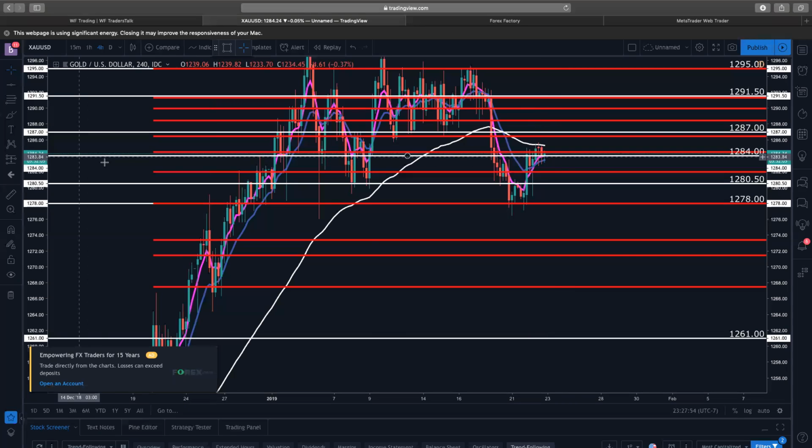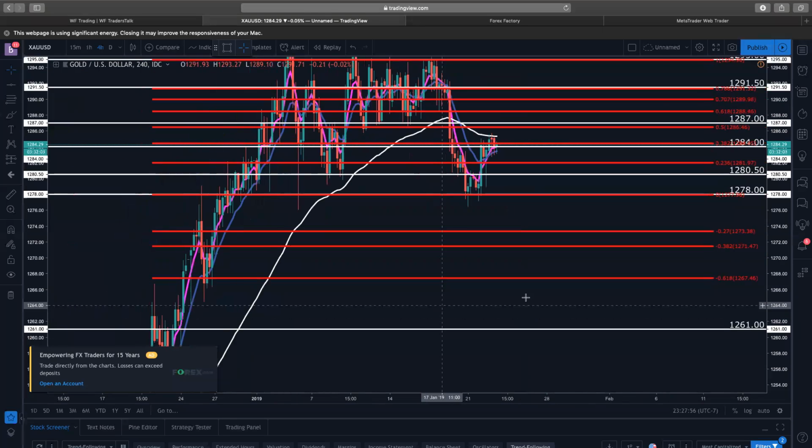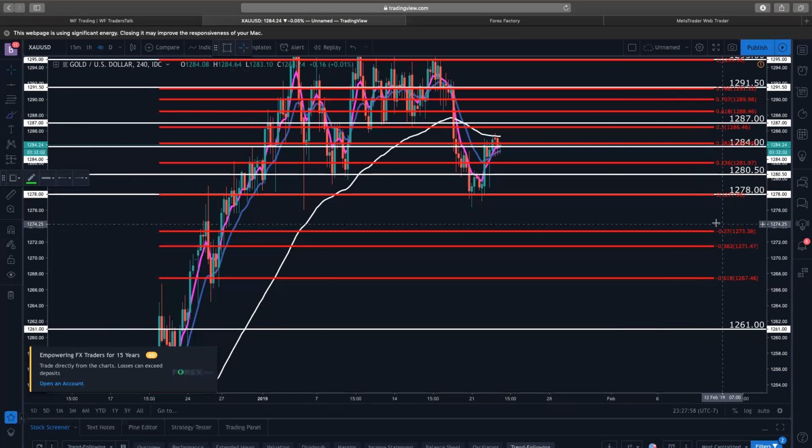Like I was saying, with these negative three numbers, the reason I use them is that if we look over to the left, we can see how almost accurate all of these lines were for making support and resistance. These negative numbers can be an extension past zero.